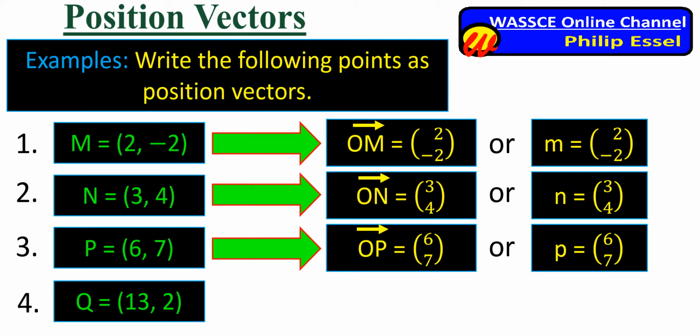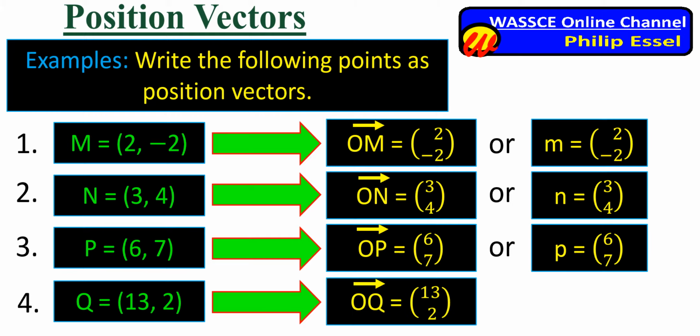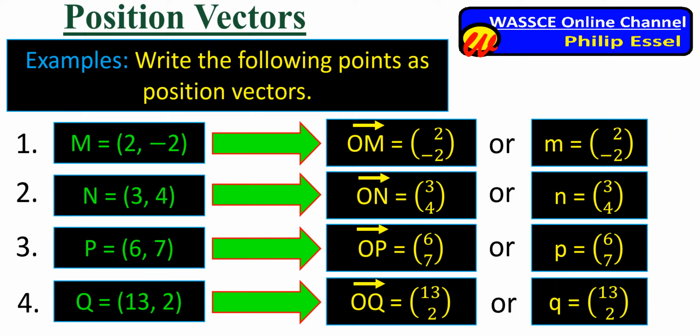Question 4. The point Q equals (13, 2) can be written as a position vector as vector OQ equals (13, 2). This is the same as vector small q equals (13, 2). I hope you found that easy.